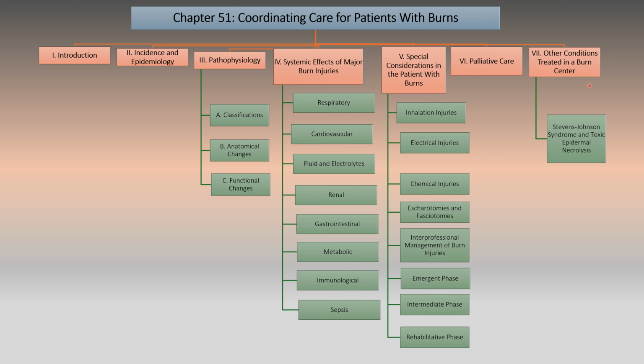In Stevens-Johnson, it is less than 30% TBSA sloughing, while toxic epidermal necrolysis is greater than 30% TBSA sloughing. Mucosal involvement, in addition to the skin sloughing, affects the wet surfaces throughout the body, including the eye, mouth, GI tract, and urethra, making it extremely dangerous.